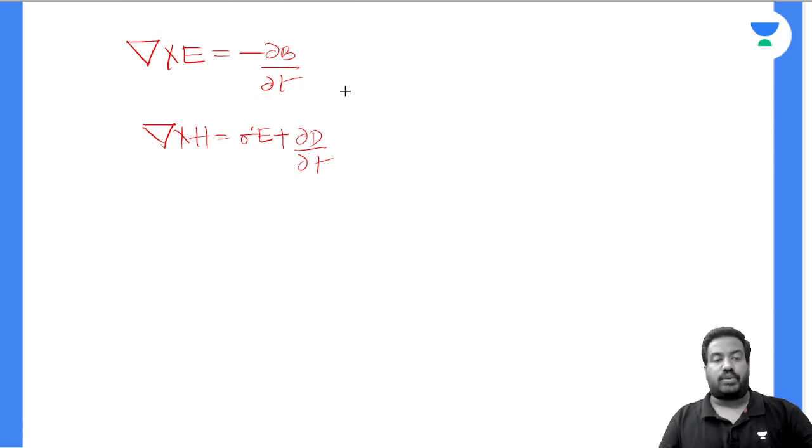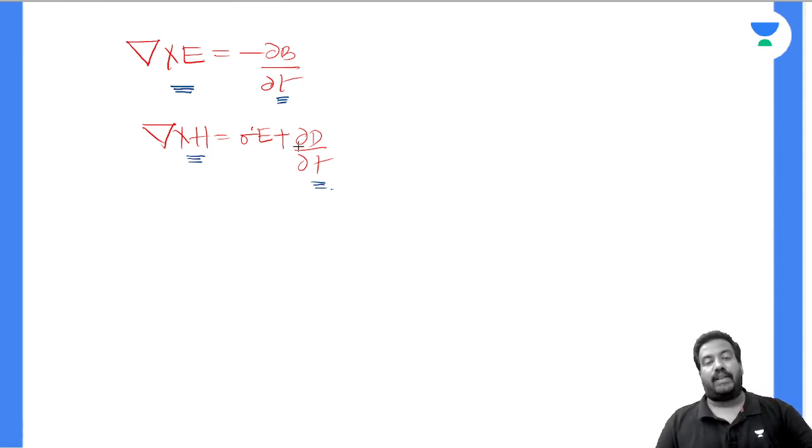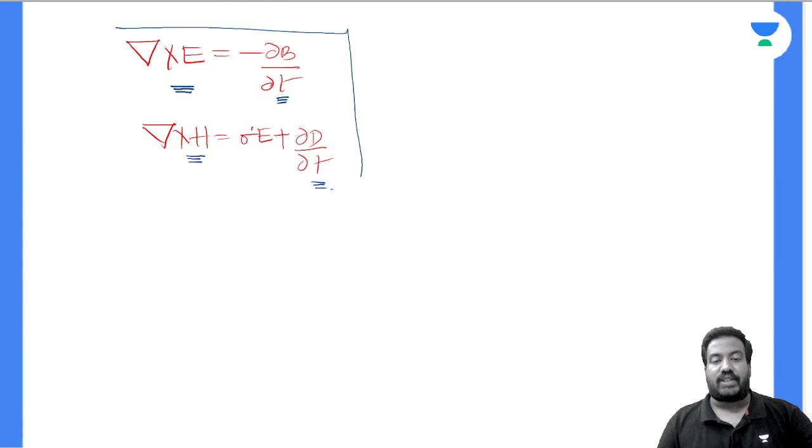Spatial orientation of electric field depends on time varying magnetic field. Spatial orientation of magnetic field depends on time varying electric field. Now very clearly there is a dependency between this spatial variation and time variation. That's why this can be part of a wave.